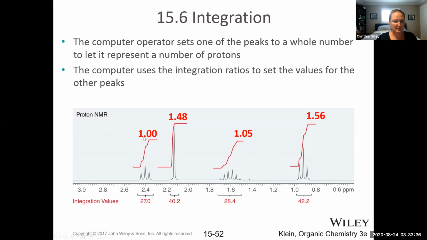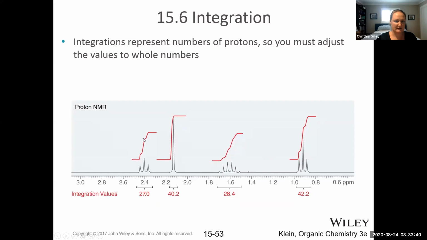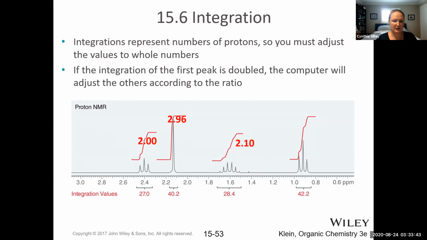We could multiply each number by 2. So if I change that to 2, then relatively we have 2 to 3 to 2 to 3. The reason these have to be whole numbers is because these are representing hydrogens in a molecule, and of course you can't have half a hydrogen atom in a molecule. So once they're really close to whole numbers, you're probably at the relative integration ratio.